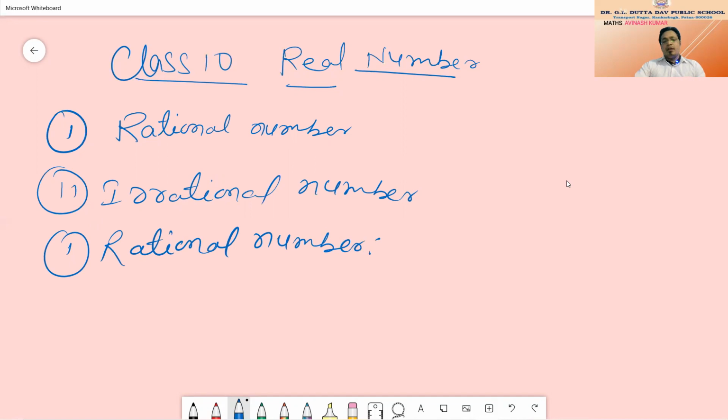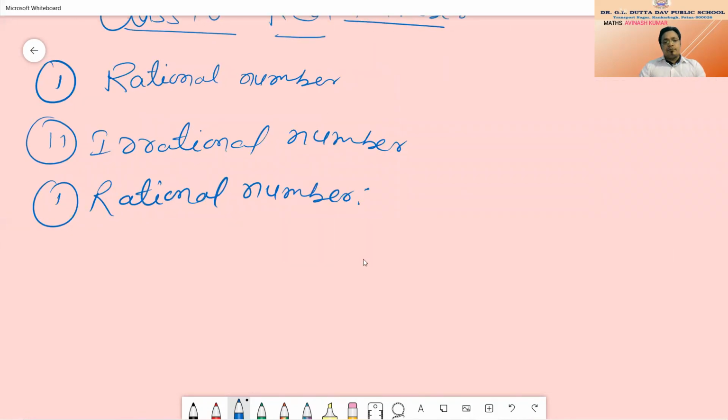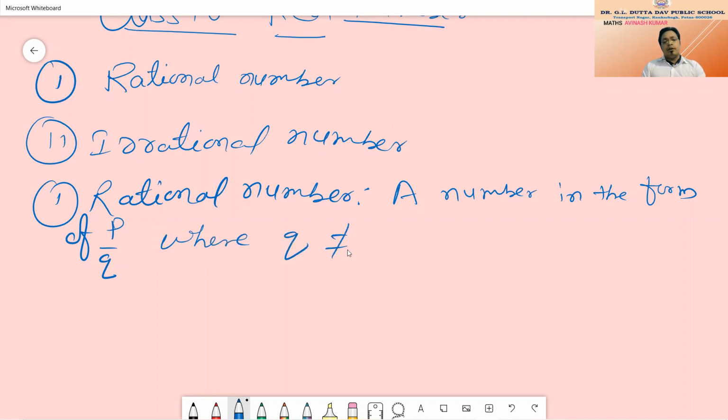Okay, students. A rational number is a number in the form of p by q, where q is not equal to 0, and p and q are integers.